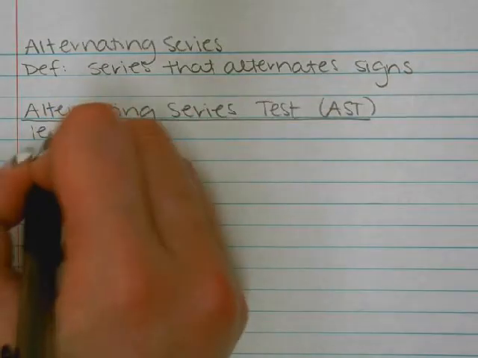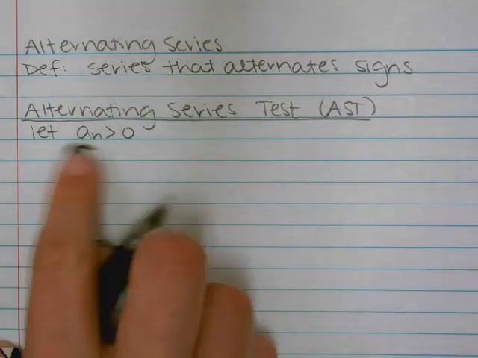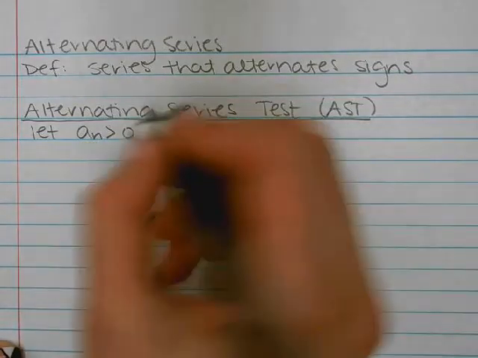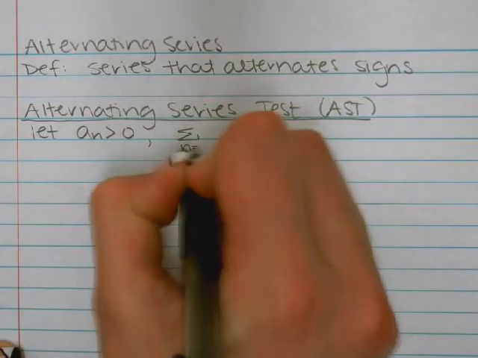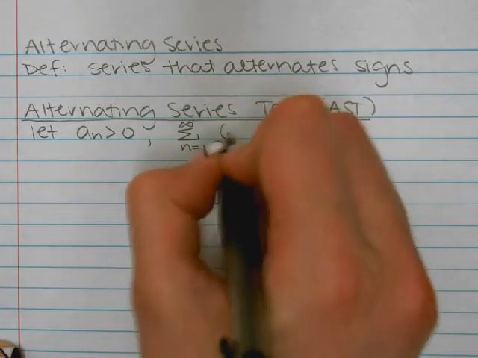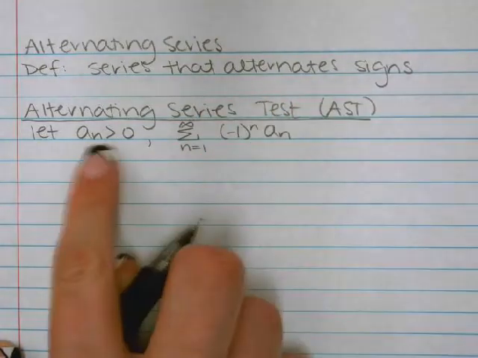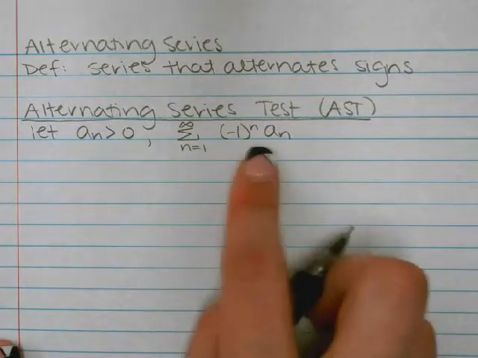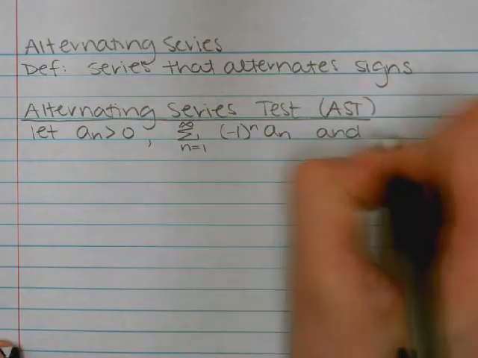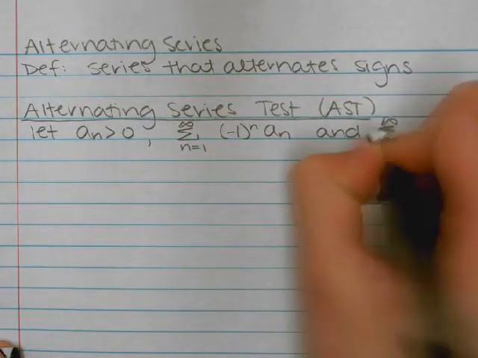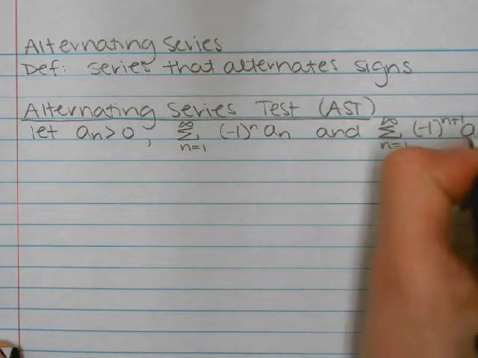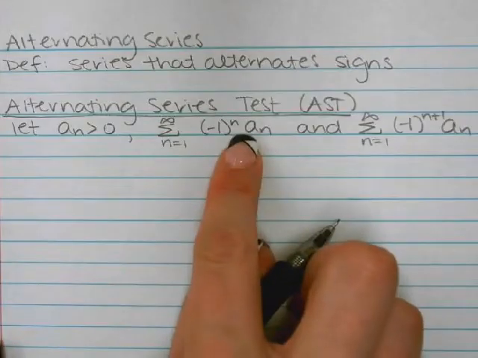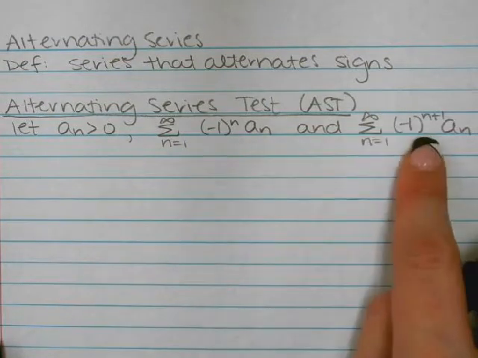And it says if the sum of the series is greater than 0, then, and notice this is just any series, this is not alternating signs yet, then the version that alternates signs of that, so you'll notice that this one would start with the odd terms here being negative, and on this one the even terms would end up being negative.